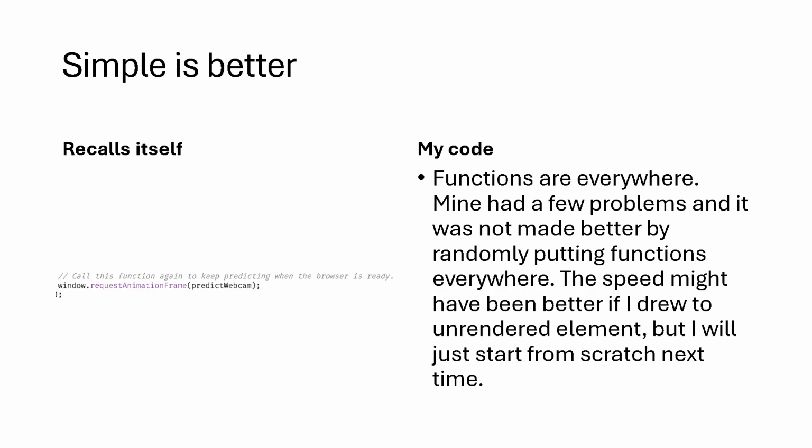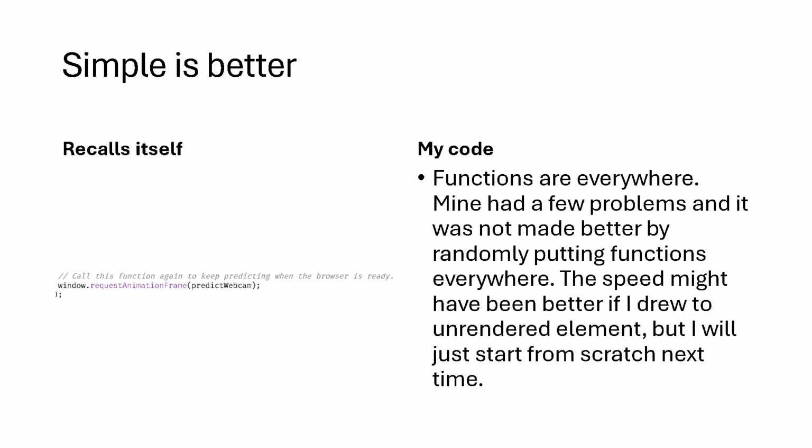My code was a lot of functions, mostly asynchronous, which I wouldn't suggest doing, and it had a lot of problems, and it wasn't made better by me putting them everywhere. Mostly because I tried making some non-asynchronous things, and it didn't really work out that well.